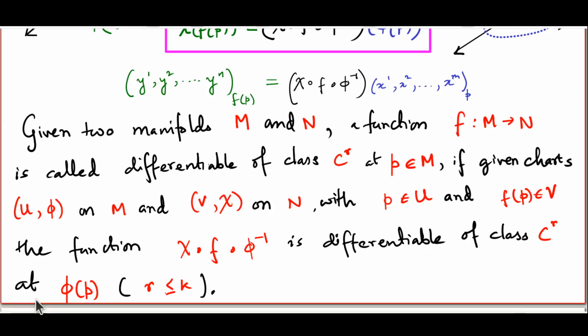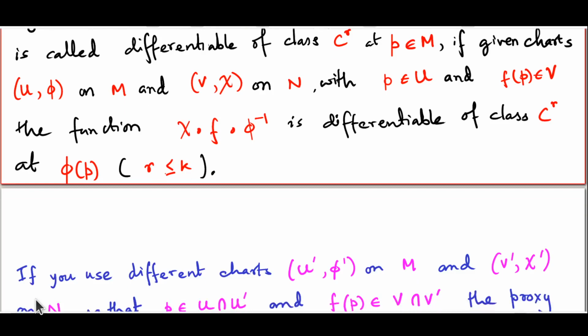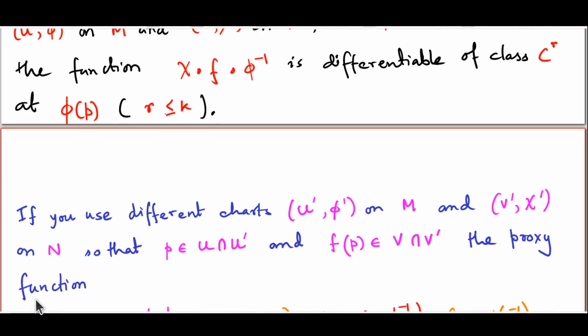To see this, let us consider the situation where we have changed our charts. Instead of using U, phi on M, we are using U prime, phi prime, and we have replaced V, chi on N by a new chart V prime, chi prime. Of course, P has to belong to U prime as well for this to work at all. So, P is a member of U intersection U prime.